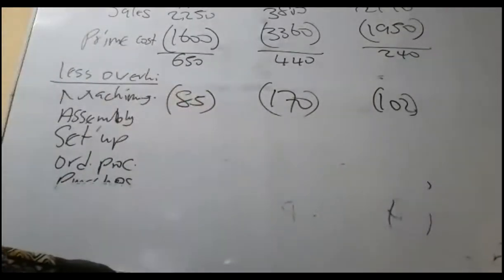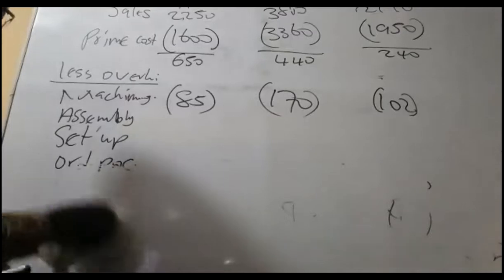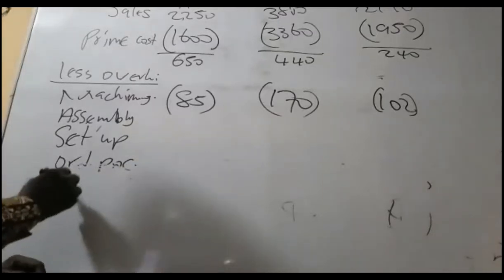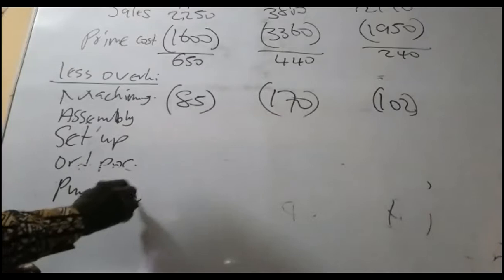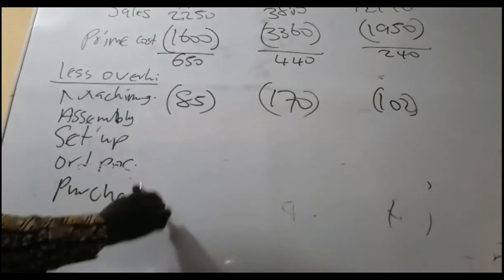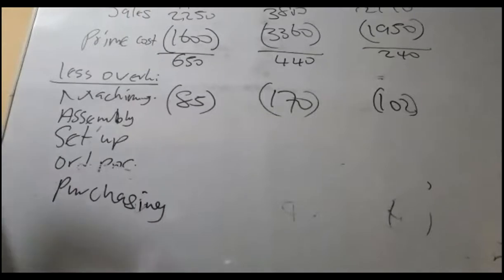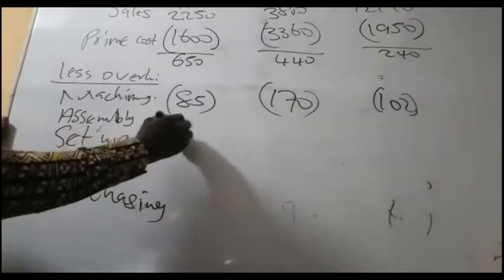Then you go to assembly hours and do the same thing. Kindly get the assembly hours too, and follow the same procedure. Okay, so what do you get? The corresponding assembly one will be 210.